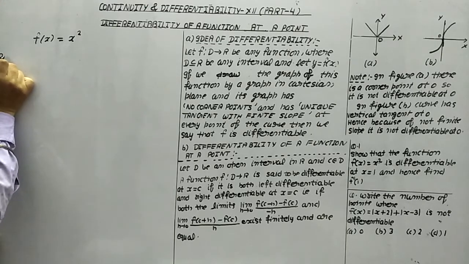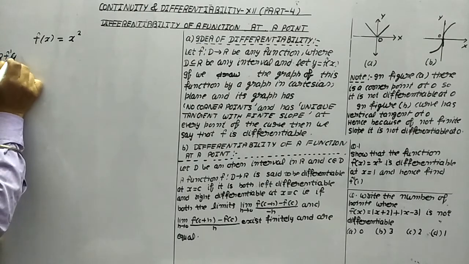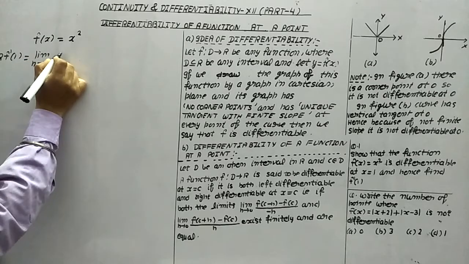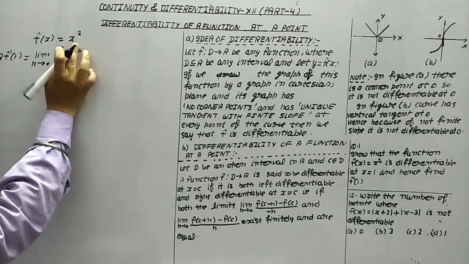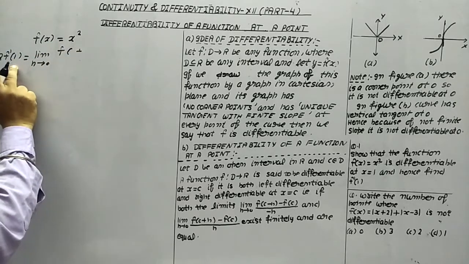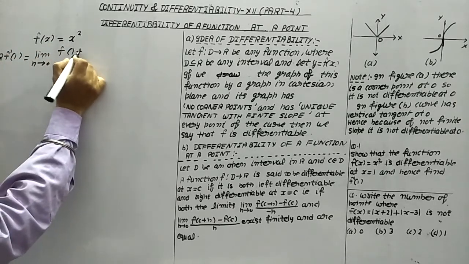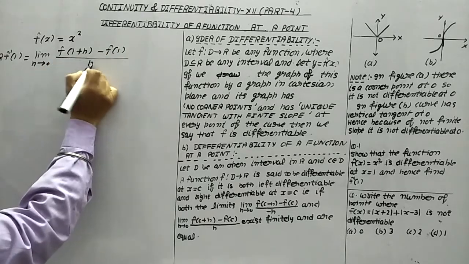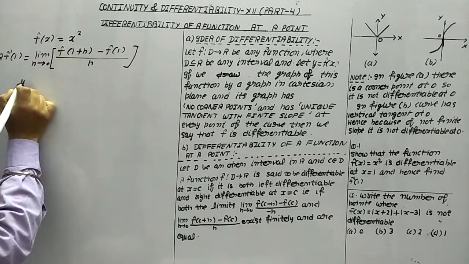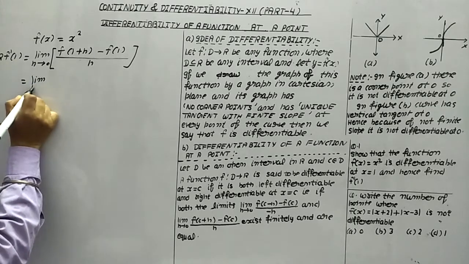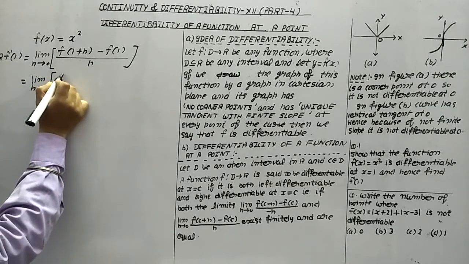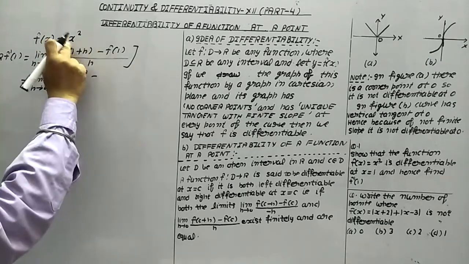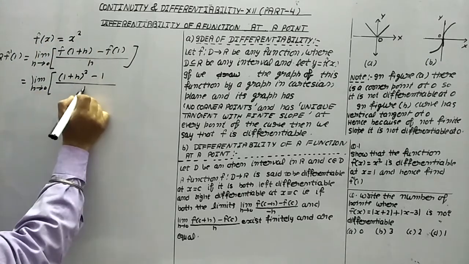First of all we will find the right hand derivative. For the right hand derivative we write limit h tends to 0 of f(c plus h) minus f(c) upon h. What is c here? Here c is 1. So f(1 plus h) minus f(1) upon h. Substituting the values, limit h tends to 0, f(1 plus h) means (1 plus h) whole square, and f(1) is 1, and h is as it is.